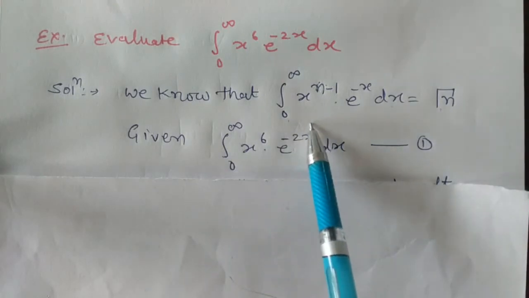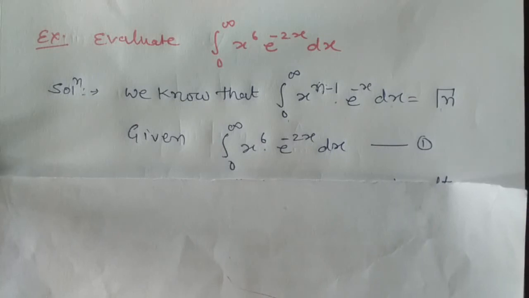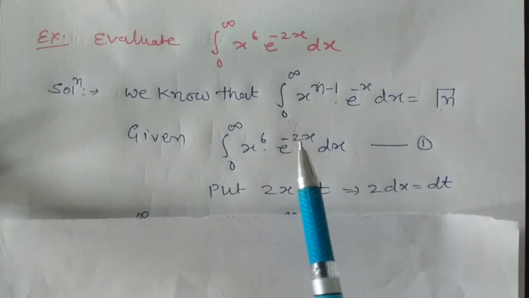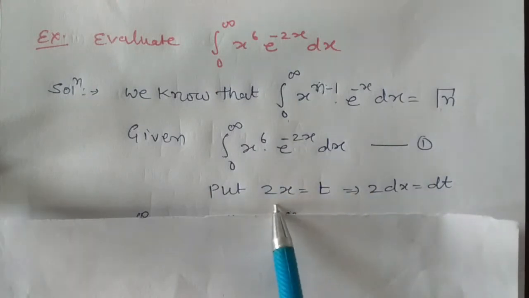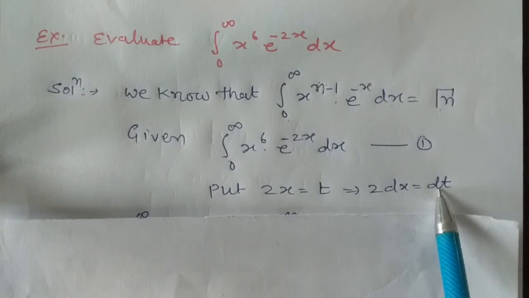So first we reduce this term to standard form, and therefore we select a transformation, put 2x equal to t. Then we have 2 dx equal to dt by differentiation.